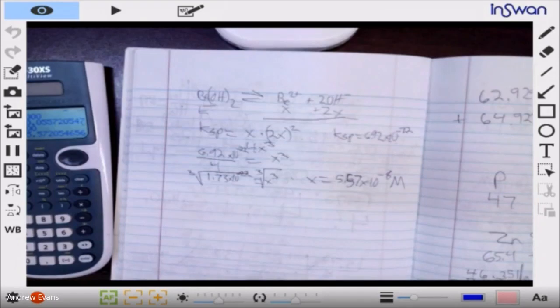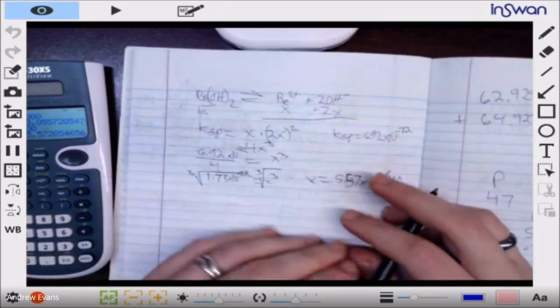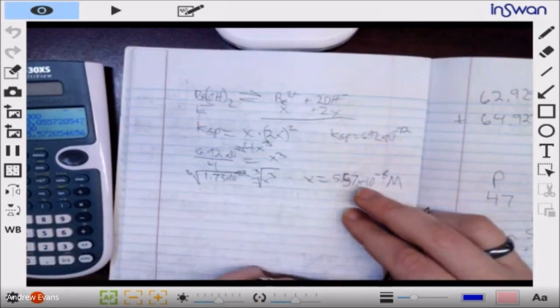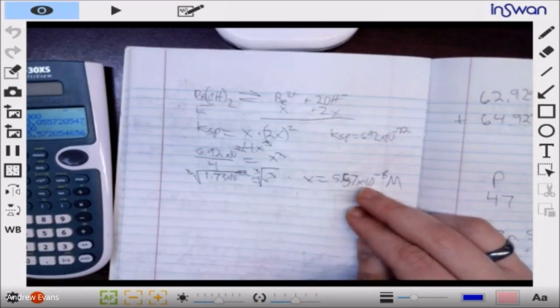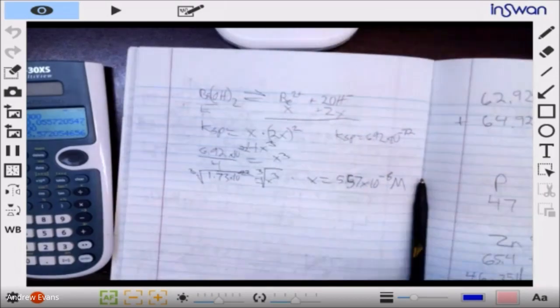Now, that means that is how many units of beryllium hydroxide dissolve. You could calculate the molarity of each ion and turn each one into grams, or you could just say that's how many units of beryllium hydroxide and calculate the molar mass of that. So what is the molar mass of beryllium? I'd like to say it's 8, I'd have to double check.